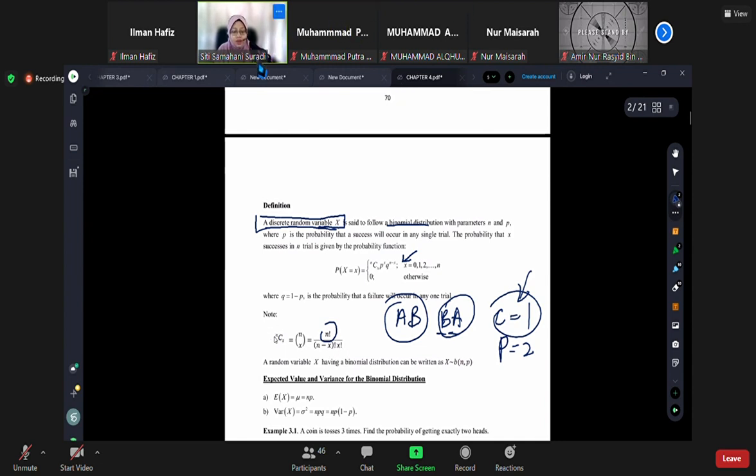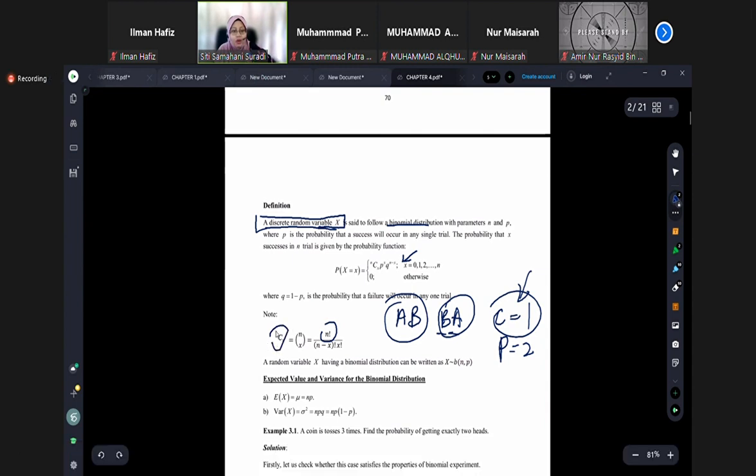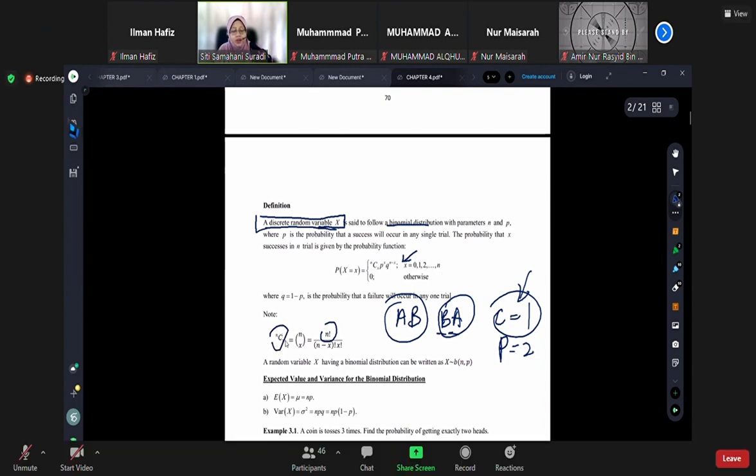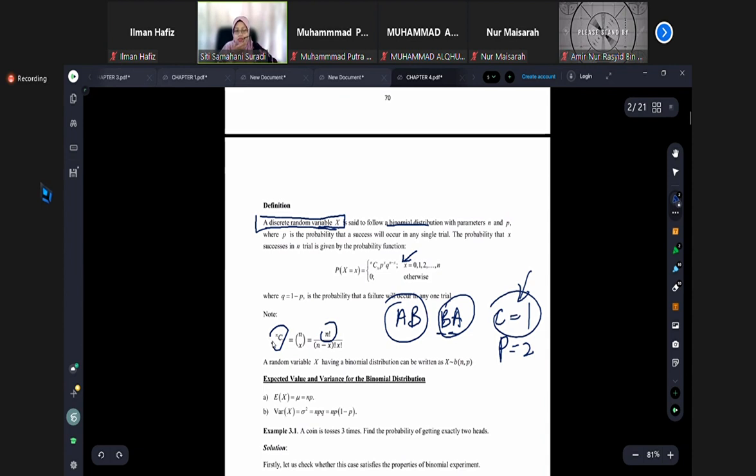So this is how to determine n combination x: how many successes of x out of n trials. So you need factorials.